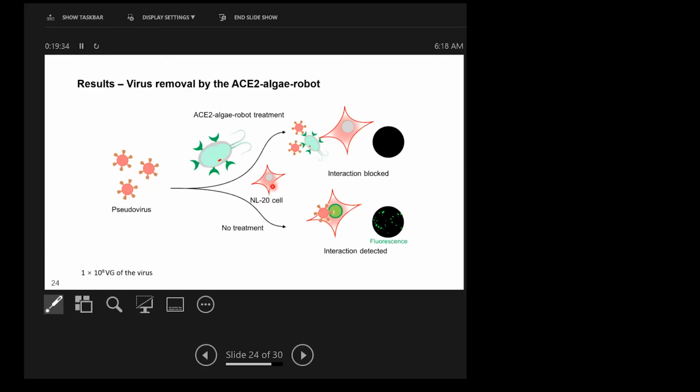Briefly, these NL20 cells remain non-fluorescent following 24-hour incubation in this ACE2 algae-treated virus sample. But in comparison, without this ACE2 algae robot treatment, the cells display bright fluorescence. It reflects the pseudovirus entry and significant expression of the fluorescent protein in these host NL20 cells.